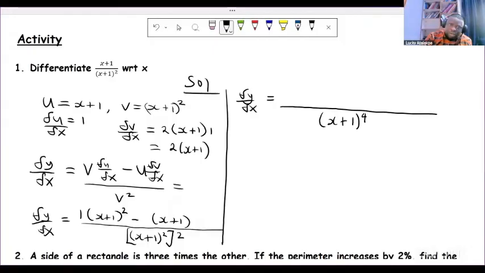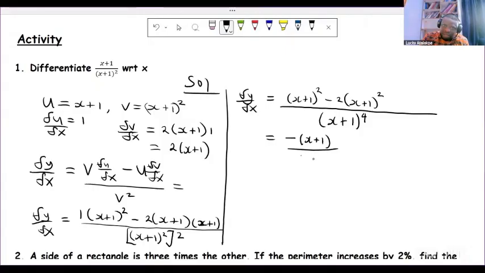So our u is x plus 1, then dv/dx is 2 into x plus 1 again. If you multiply this, this will become (x plus 1) squared minus 2 into x plus 1 is another (x plus 1) squared. Good. So you have (x plus 1) squared minus 2 into another x plus 1. This will become negative (x plus 1) over (x plus 1) to the power of 4.